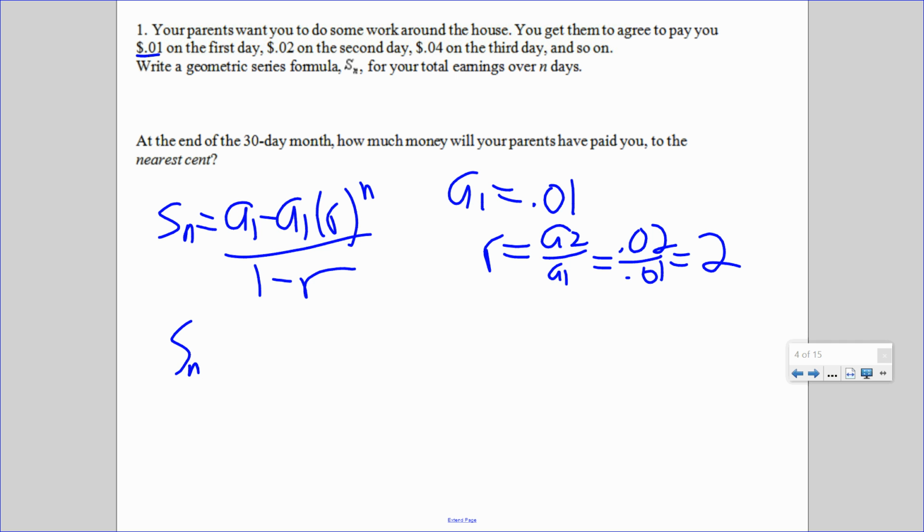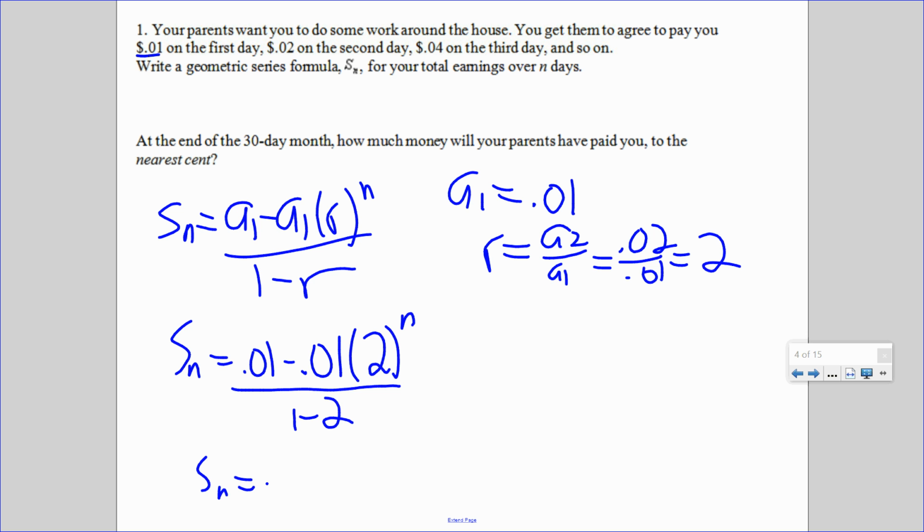So Sn equals 0.01 minus 0.01 times 2 to the power of n over 1 minus 2. All that you can do is the bottom. And that's your answer.